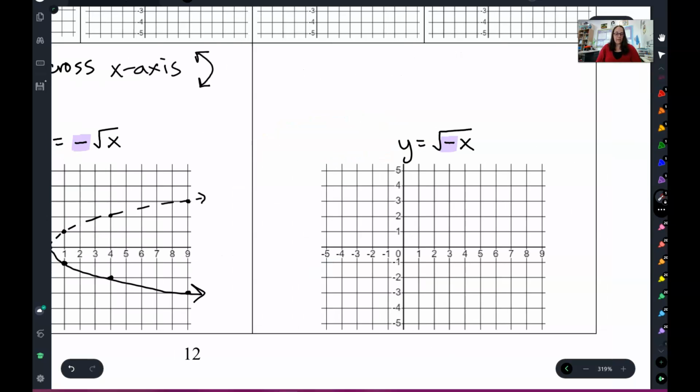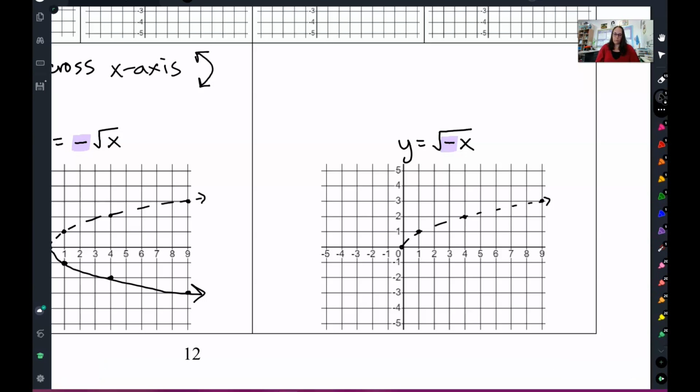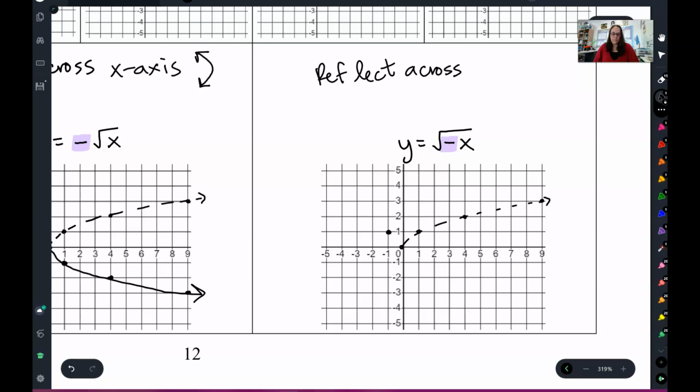Now, you may already have a guess if we have a negative inside. Well, we've already said that inside always reflects side to side, or always does stuff side to side. So if this, once again, is my original parent graph, and I have a negative on the inside multiplying by a negative, I'm going to reflect everything across the y-axis, side to side, because it's inside.